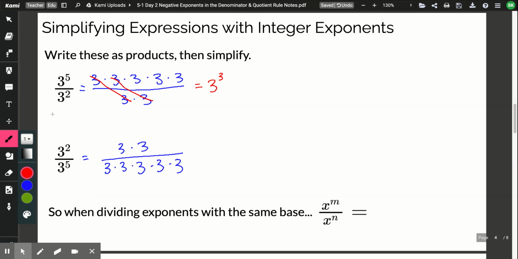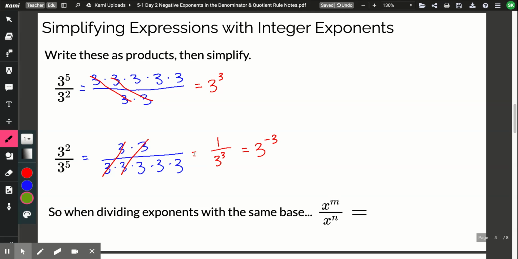Like we did with the first problem, we can simplify because 3 divided by 3 equals 1, so that one goes away, and these two also go away, which leaves us with 3 to the 3rd power in the denominator of our fraction. And what did we learn above? We learned that when we have exponents in the denominator, that's actually the same thing as having a negative exponent.